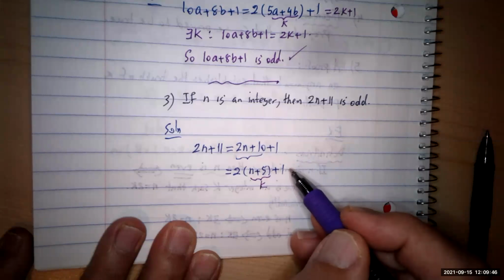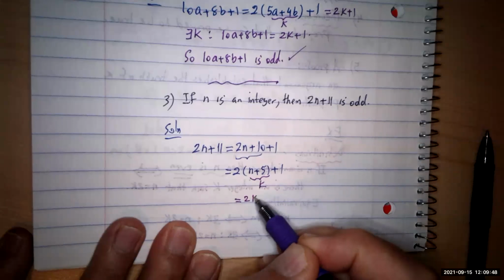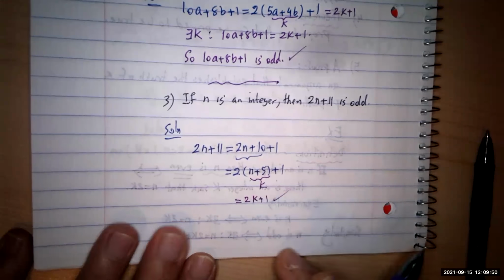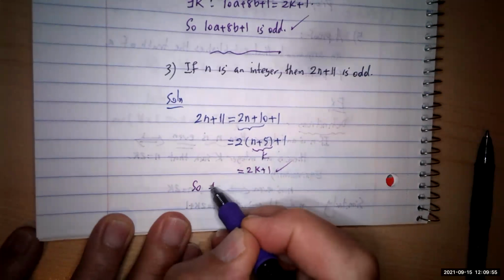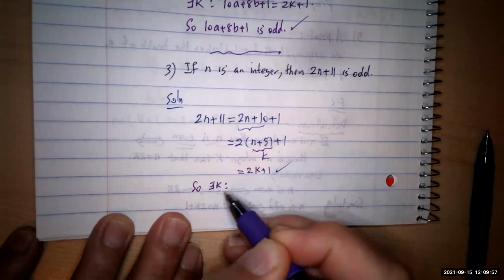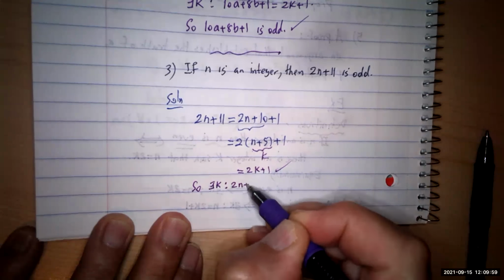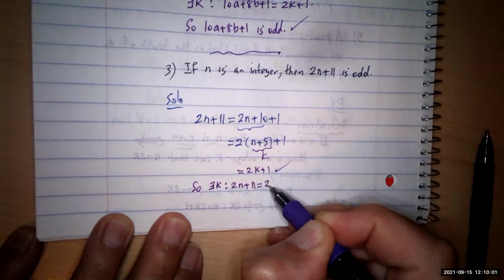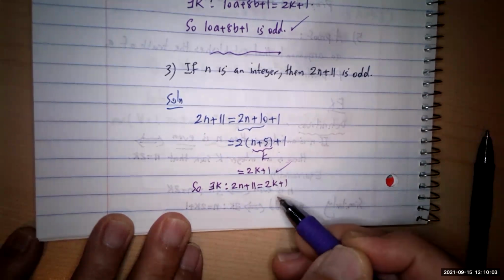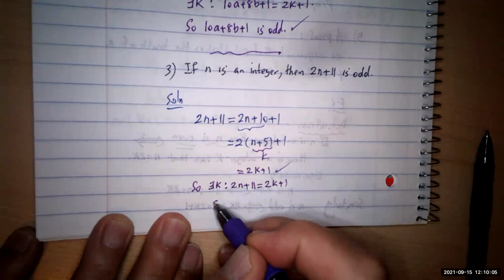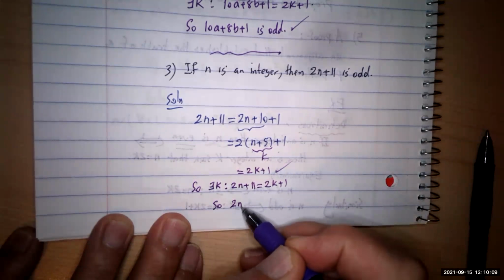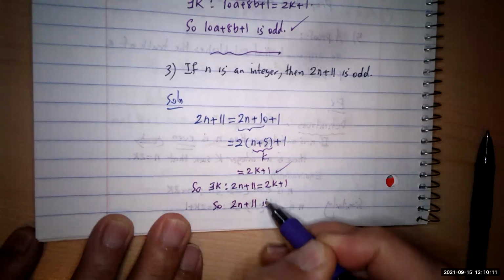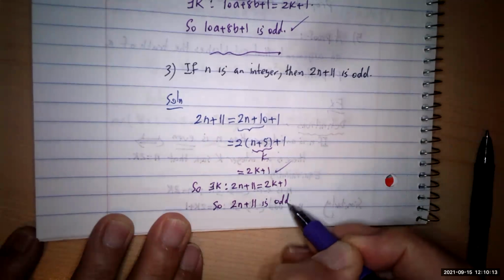That gives us 2k plus 1. So you can say, I did it. I proved that there is a k such that 2n plus 11 is equal to 2k plus 1, so 2n plus 11 is odd, and we're done.